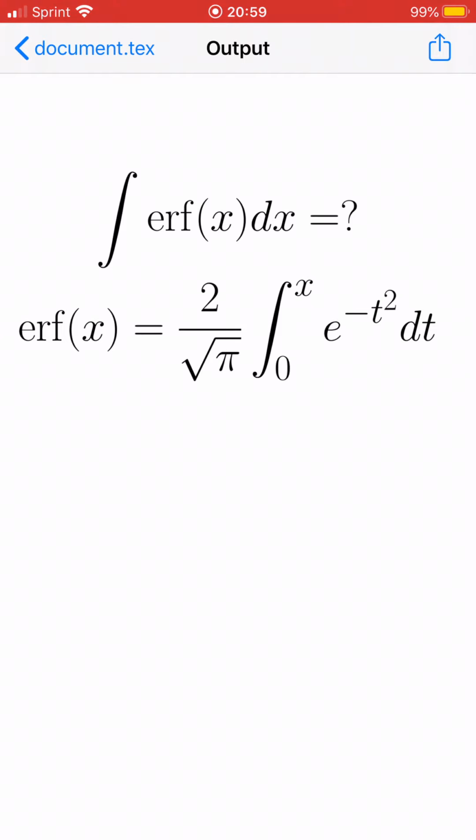And now we can find the derivative of the error function. The derivative of the error function is just 2 over square root of pi times e to the negative x squared. Because we are differentiating the integral from 0 to x of e to the negative t squared dt, we just get e to the negative x squared.